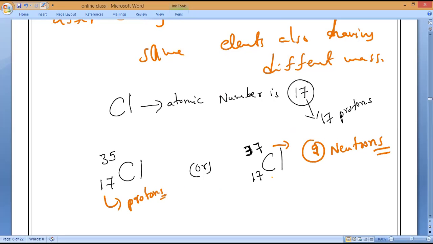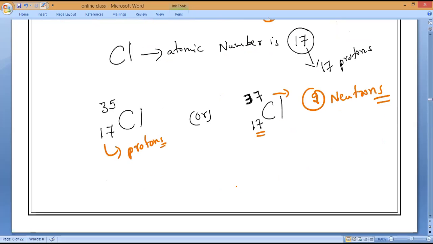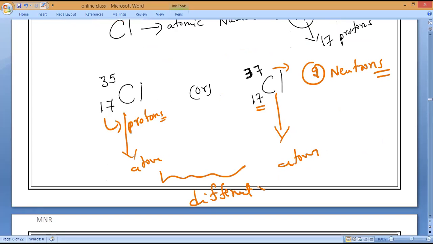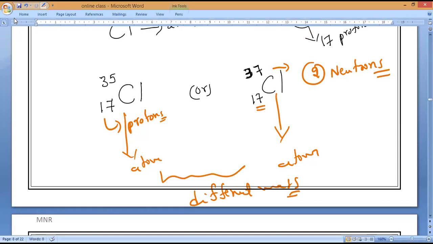Protons are always the same for every atom. So if I take an atom from this and an atom from this, same mass or different mass? Everybody? Different mass.